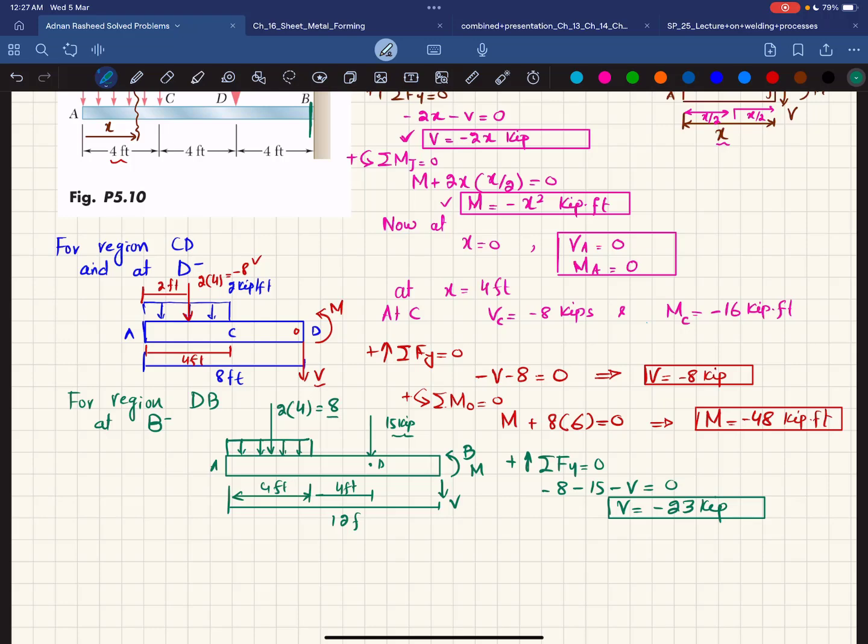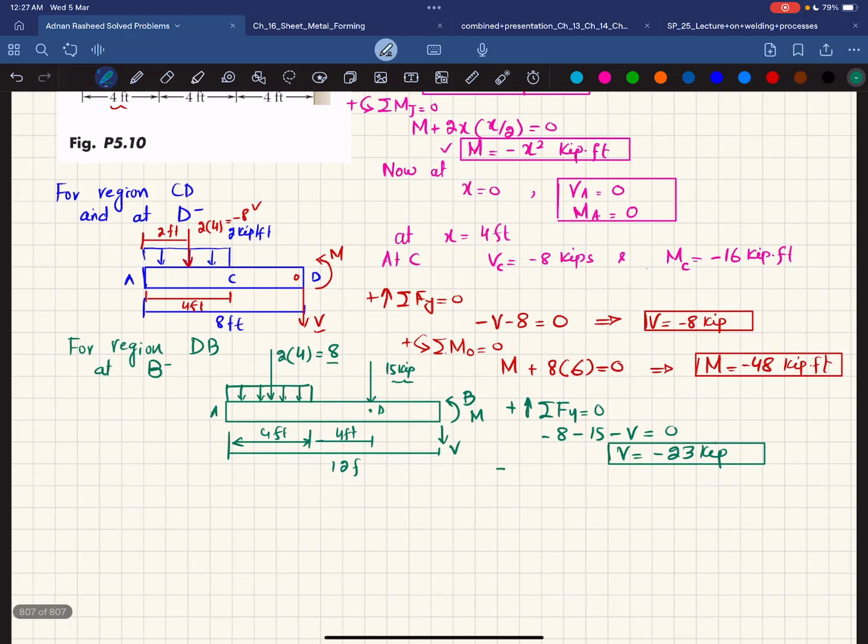Now we will find this moment M by using the equation that sum of all moment about point B is equal to 0, and taking the counterclockwise moment as positive. So about point B, one moment is this, which is M, that is counterclockwise. The second moment is due to this 15 kips load, and perpendicular distance is 15 into 4. This is also positive. So I can write plus 15 multiplied by 4.